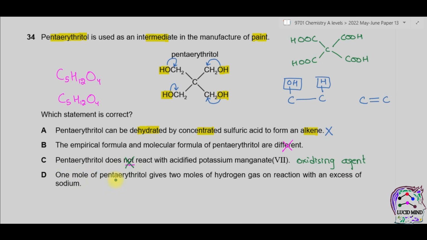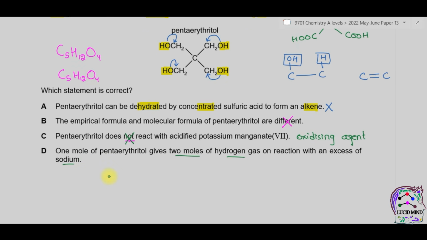Part D, 1 mole of pentaerythritol gives 2 moles of hydrogen gas on reaction with an excess of sodium. Let's react this part with sodium. Now sodium can react with alcohol to form alkoxide along with the release of hydrogen gas. Plus now we have excess sodium.